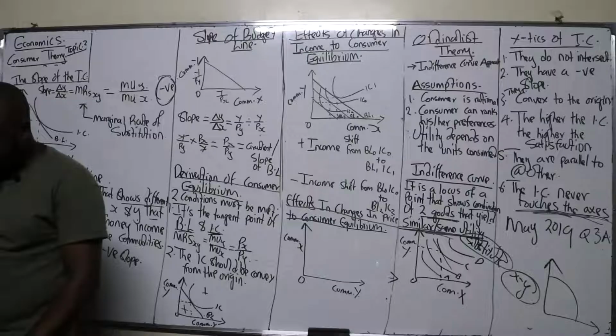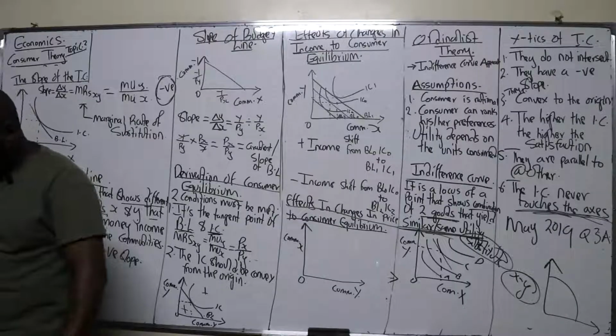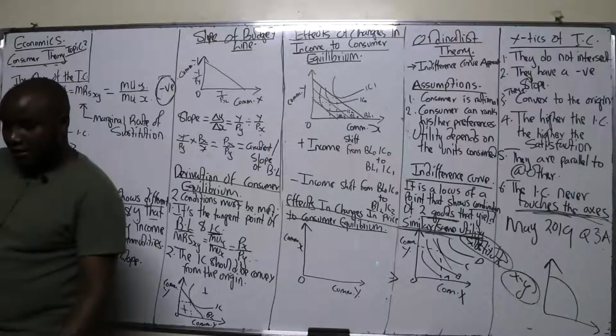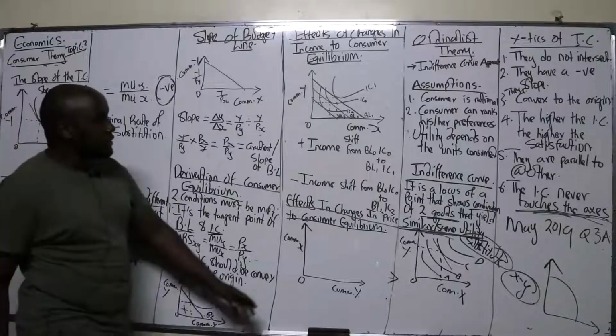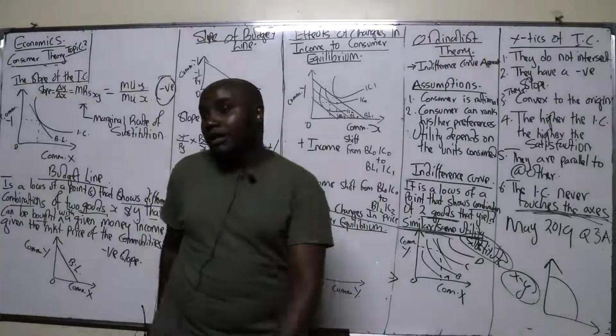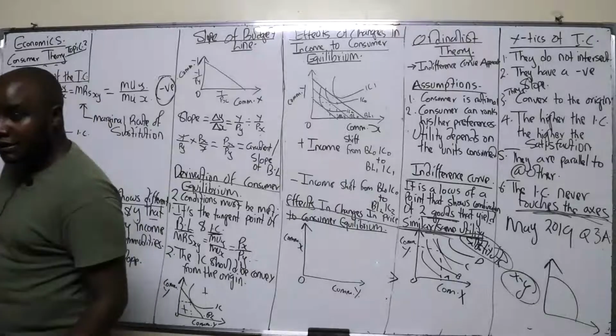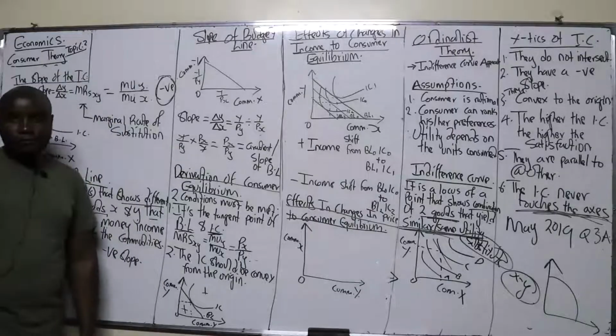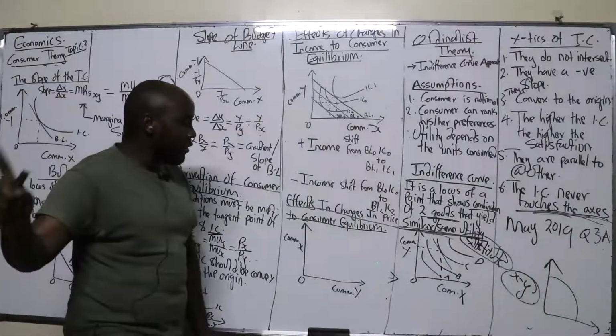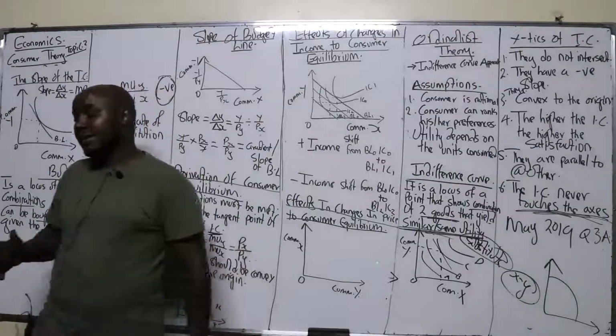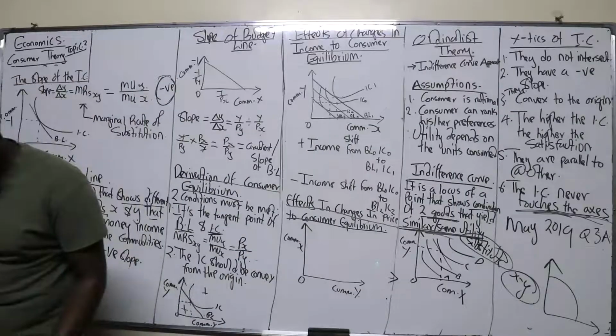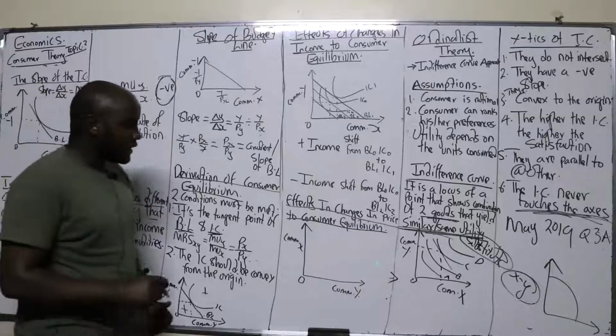So, it's clear. The effects of the changes in the price to the consumer equilibrium, I'll be sending notes, but I would love we use the one that lady will send in the group. It's like this.